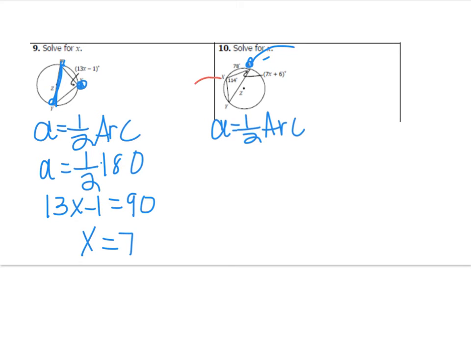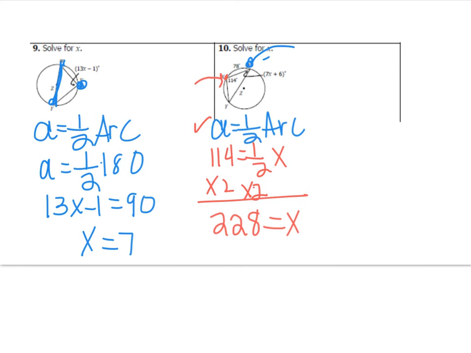We also know that X is on the circle, and the angle is equal to half the arc. So if this angle, which is 114, is equal to half the arc, we can multiply both sides by 2, and we get x is equal to 228.